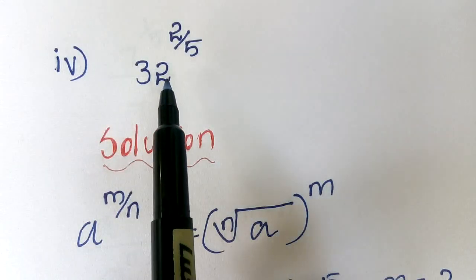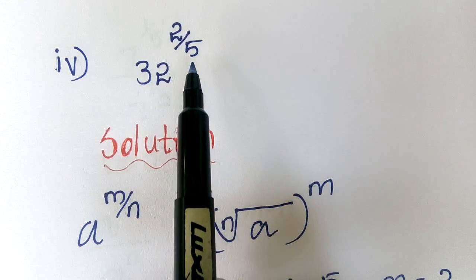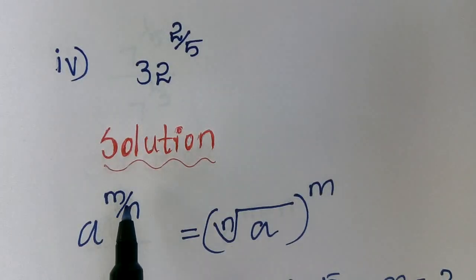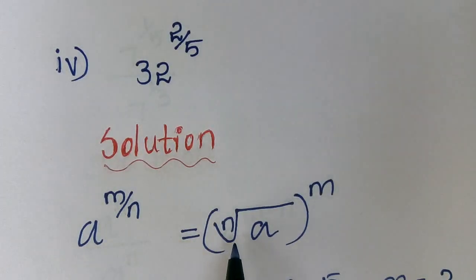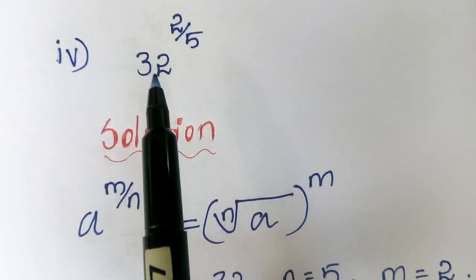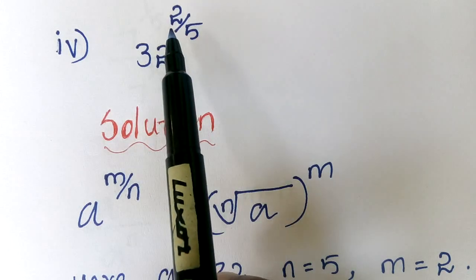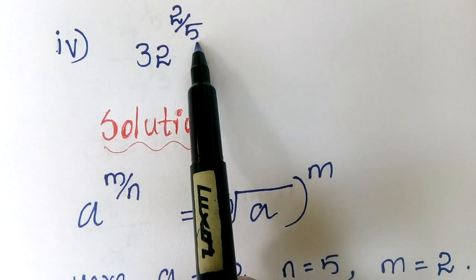Fourth question, 32 to the power 2 by 5. You can apply the law a to the power m by n is equal to nth root of a whole to the power m. Here a is equal to 32, m is equal to 2 and n is equal to 5.